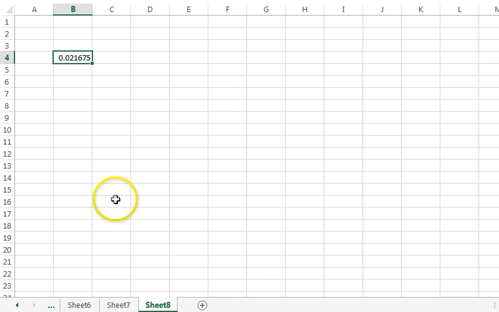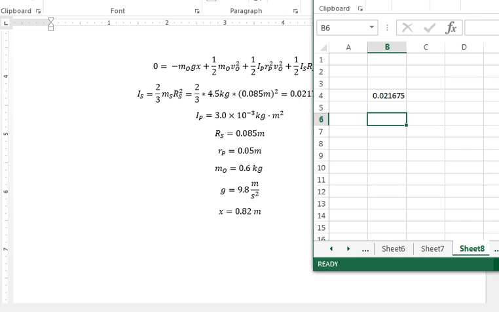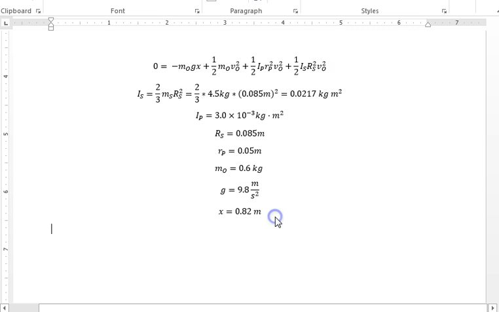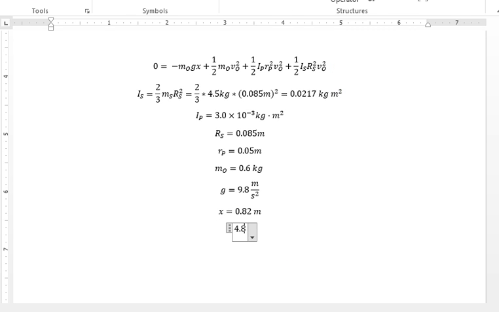So let's start calculating bit by bit. We have mgx, which is 0.6 times 9.8 times 0.82. So 4.82. This is going to be kilograms meters squared per second squared, I believe.